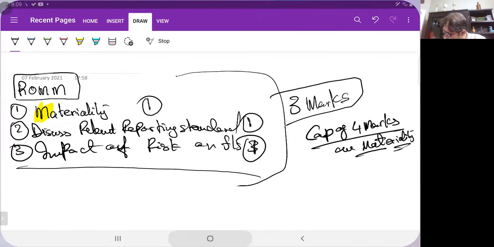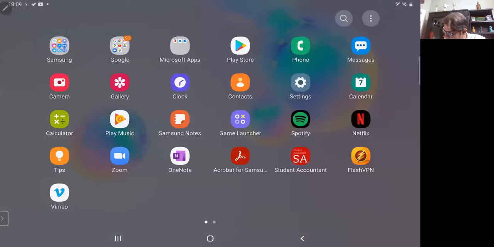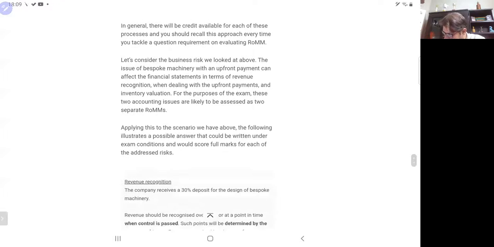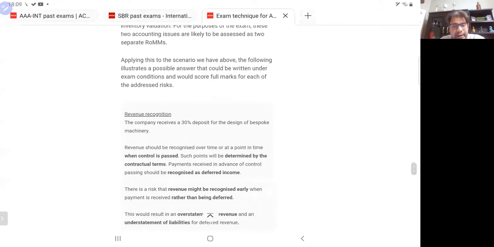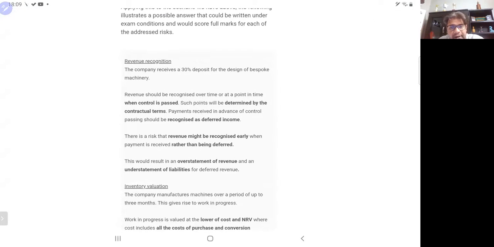Right, so let's go back to the article which we were looking at. Let us look at the example, and the scenario which we are using is the same. The company receives a 30% deposit for the design of bespoke machinery. Revenue should be recognized over time or at a point in time when control is passed.